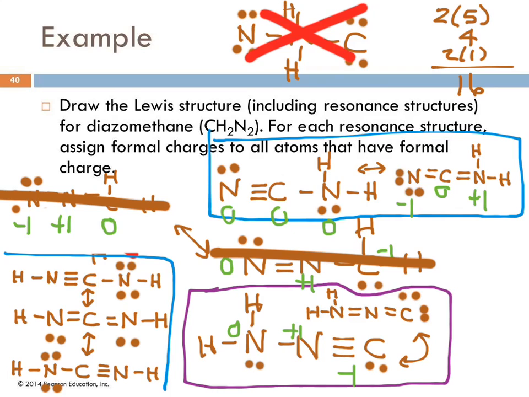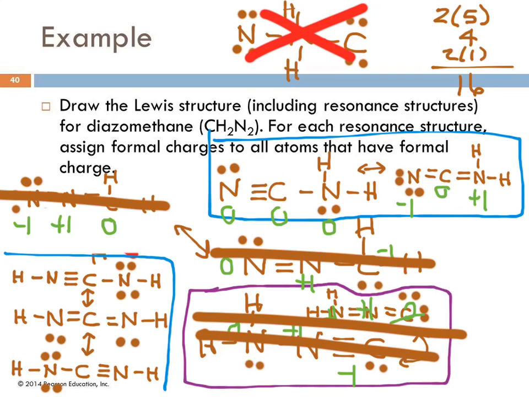Okay, so how about this nitrogen? +1. I'm just going to write right on top of him. And this one? Also +1. And that carbon? -2. So in the purple box there, is that a good set of resonance structures? No, that stinks. That's worse than the second one.